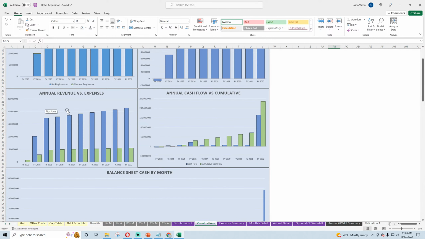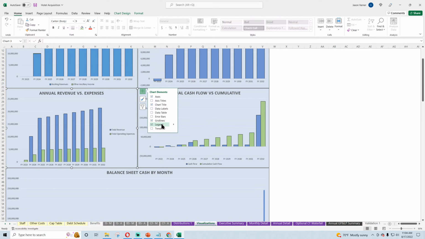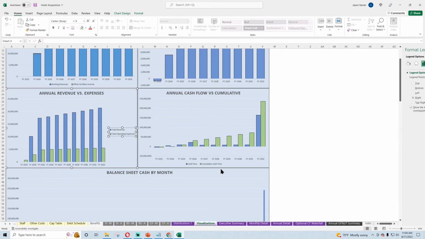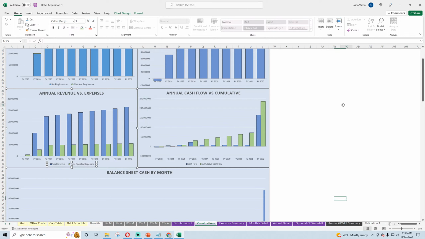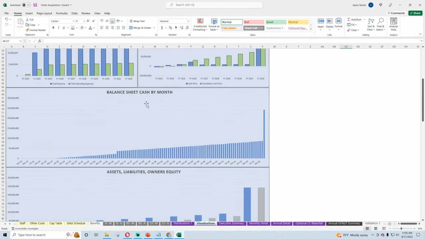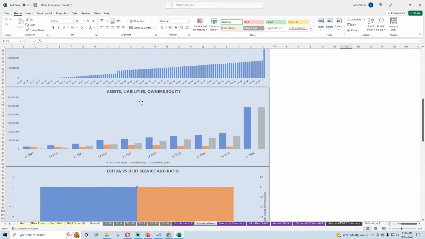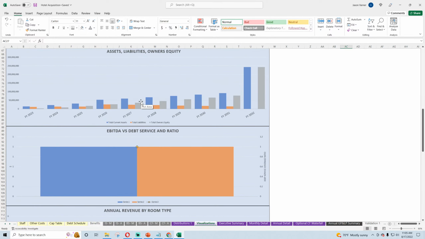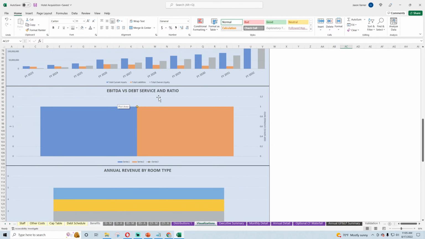Annual revenue versus expenses looks good. This actually needs a legend. Balance sheet. That's fine. Assets, liabilities. Okay, here. So EBITDA versus debt service and ratio.